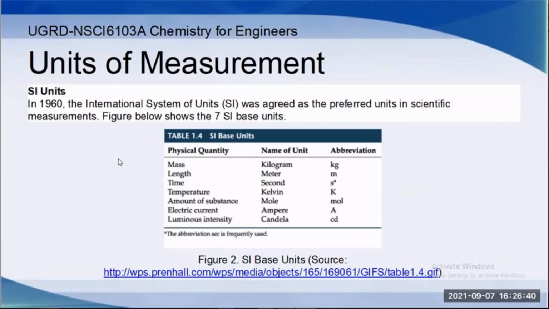Okay. So this is actually one of the reasons. The SI unit was founded in 1960.